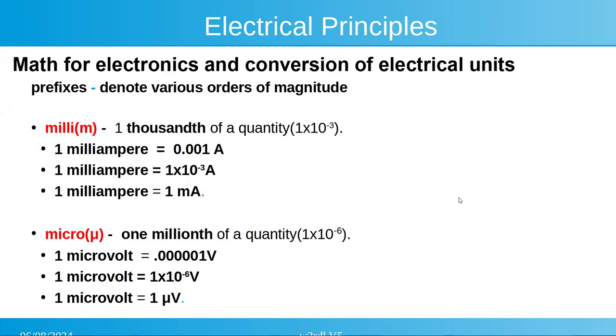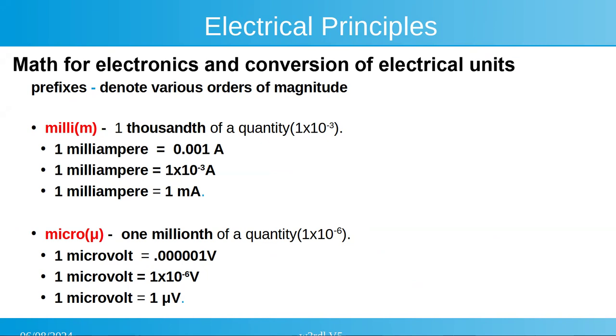Math for electronics and conversion of electrical units. We have prefixes. We use milli, small m, to represent a 1,000th of a quantity. So we can have a milliampere. Instead of 1 ampere, we have a milliampere, so it's 0.001 amperes, or amps, however you want to say it.